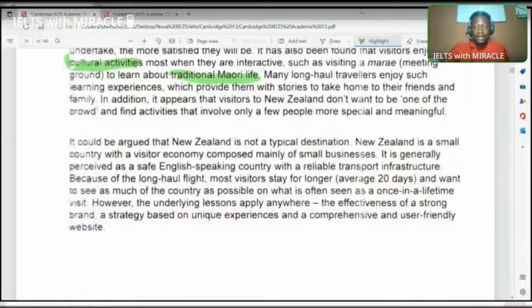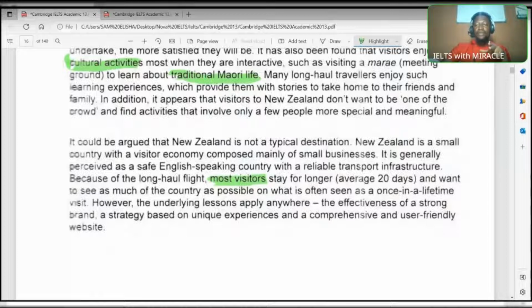Okay, I think I can see something here. Most visitors. So you see, in this place they talked about most visitors, but in that place they also talked about many visitors. So our answer is most likely going to be here. So let's read and see.